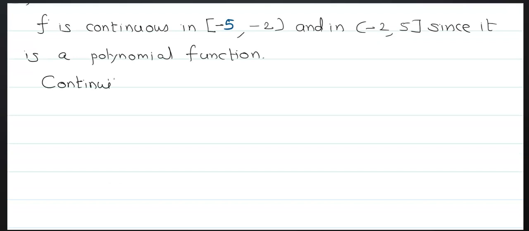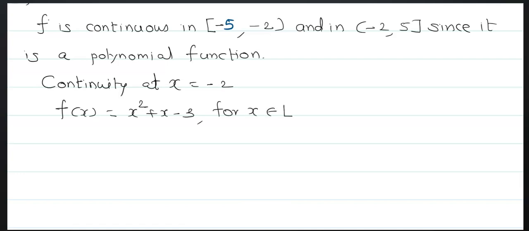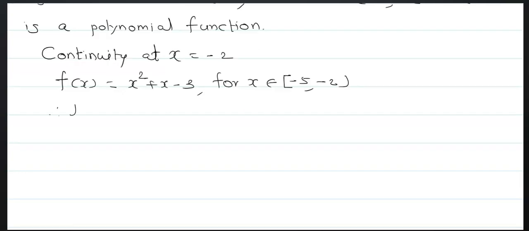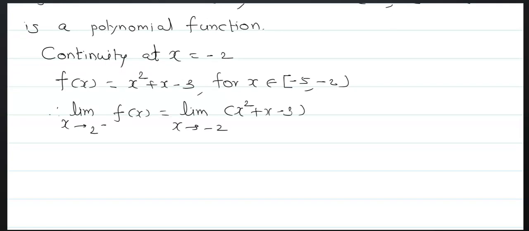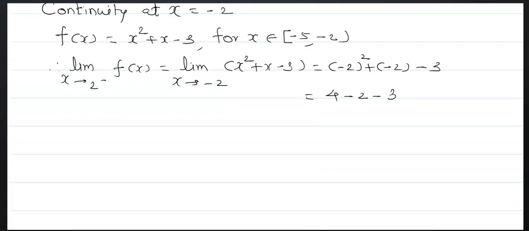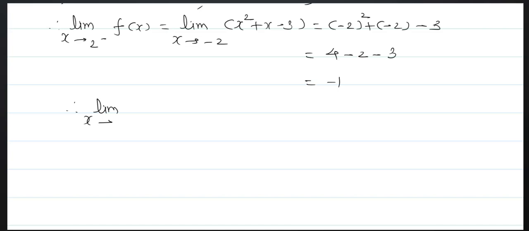Now we'll check its continuity where the function breaks. The given function breaks at x is equal to minus 2 and we take the left hand side limit and right hand side limit. For the left hand side limit, we take the function x square plus x minus 3: minus 2 square plus minus 2 minus 3, then you will get minus 1.